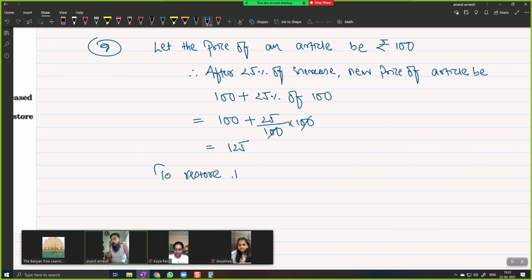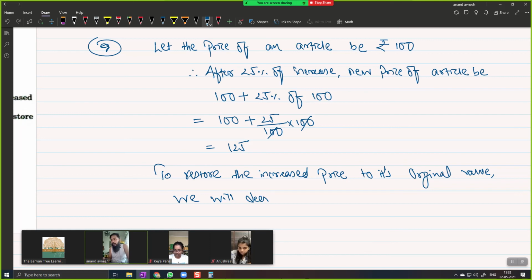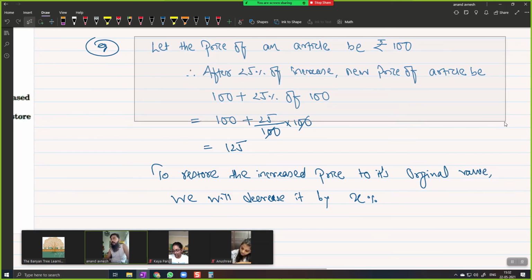To restore the increased price to its original value, we will decrease it by X percentage.